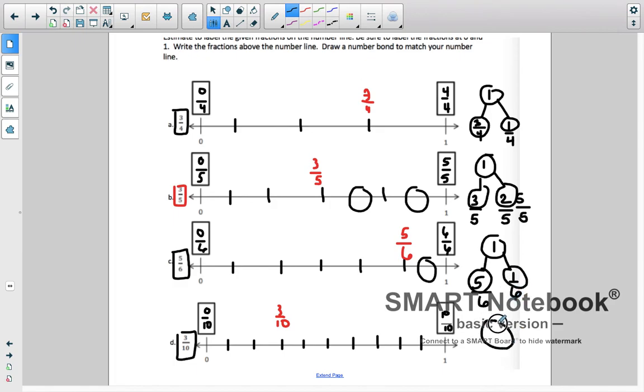All right, and our last number bond, so 1 and 3/10. I'm going to put it above so that you guys can see it. Now count how many spaces are going to be between 3/10 and 10/10. Or you can think about, okay, 3 plus what equals 10?